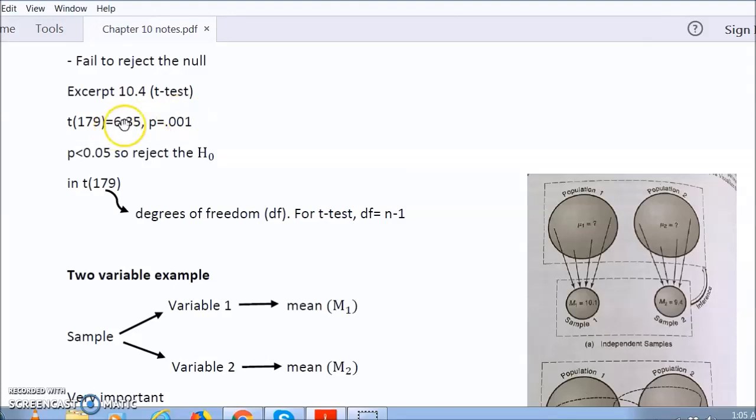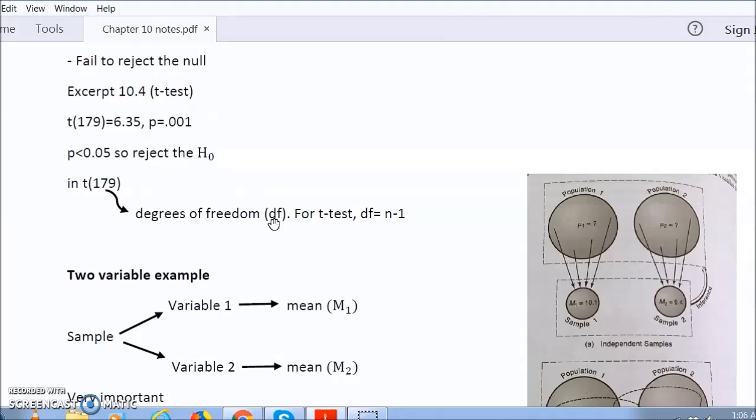But what I wanted to talk about is this number within the parentheses. This number within the parentheses is actually called degrees of freedom, abbreviated as DF.